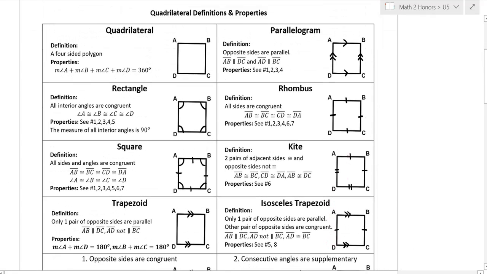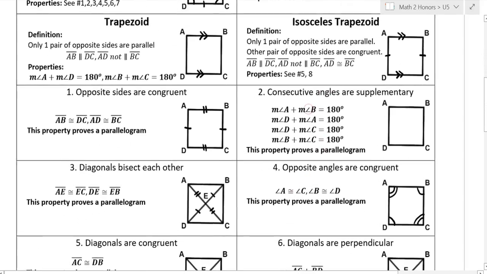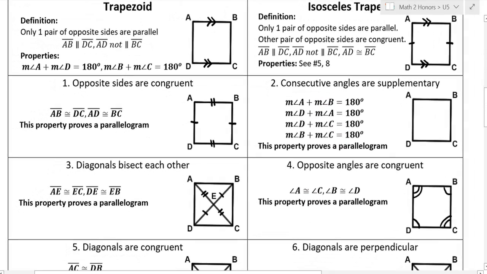And if you scroll down a little bit, you see these 4 properties here. There's your 1, 2, 3, and 4. Those are the 4 properties that would apply to the parallelogram. And I just have more details in here that help you understand what they mean.